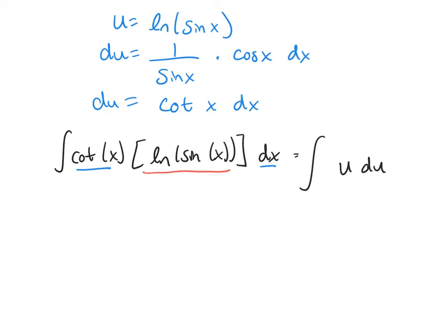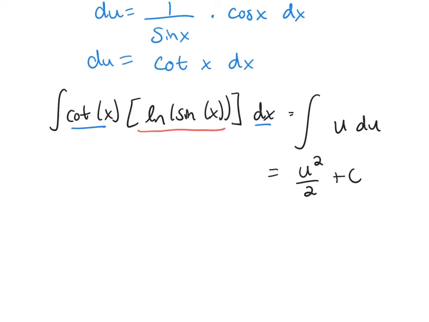So now we're integrating u, which is just the reverse power rule, u squared over 2 plus c. And now plug in for u. u was ln of sine x, squared, plus c.